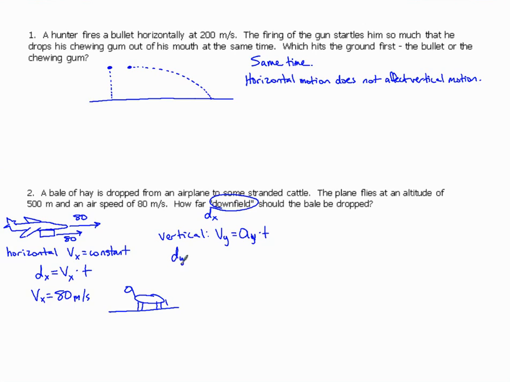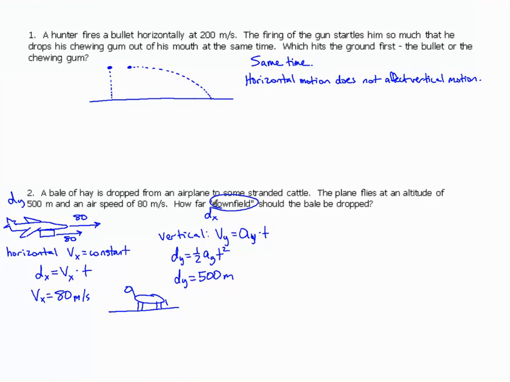The distance in the y is 1/2 times the acceleration of gravity times the square of the time. And we do know the distance, the height, is 500 meters. The altitude is your distance in the y. So we know enough information to get started at least.